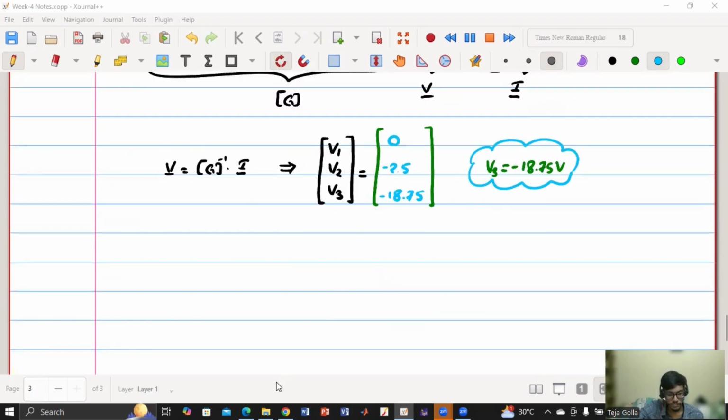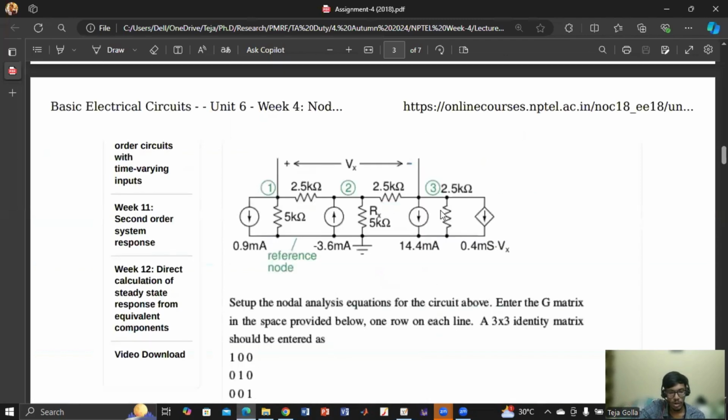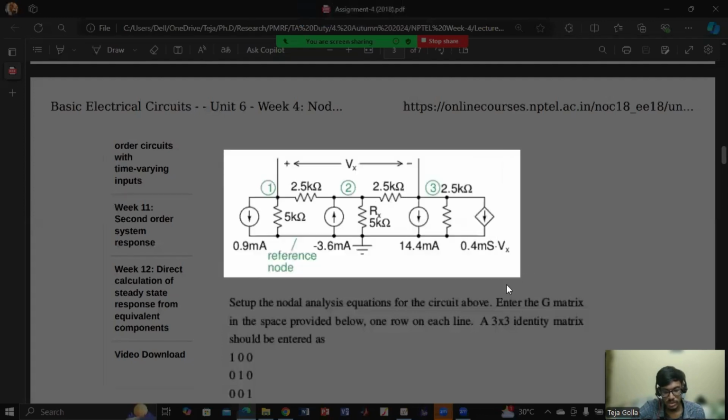Okay. Now we are going into the next problem. So we'll see problem number 3. If you see in this problem, what is the difference along with the current source and resistors? There is one more element, which is a dependent source. Can you identify which dependent source this is?